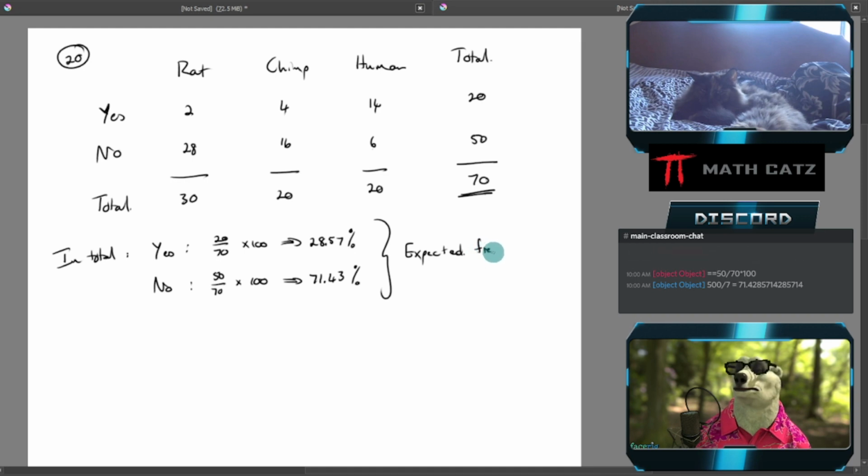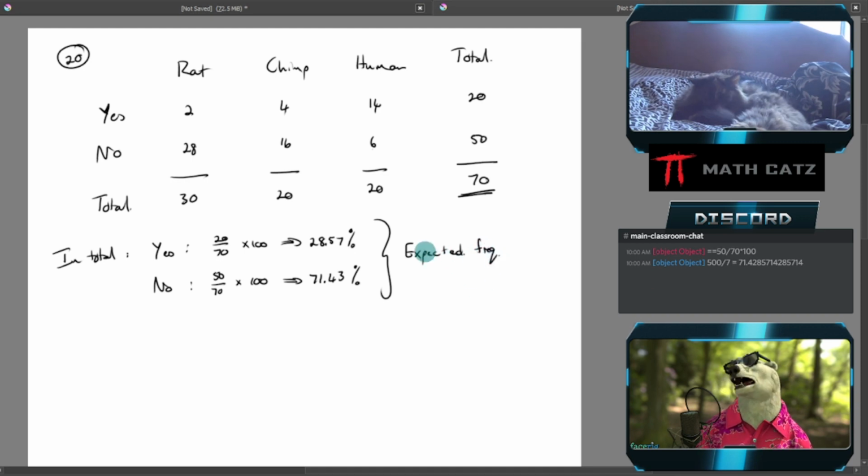So let's suppose the ability to learn the task is completely independent from the species type, then each of these, rat, chimp, human, should behave according to these percentages.